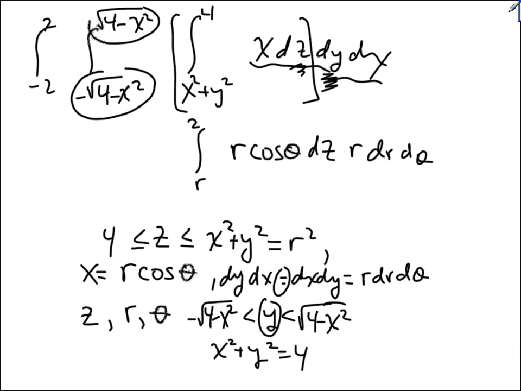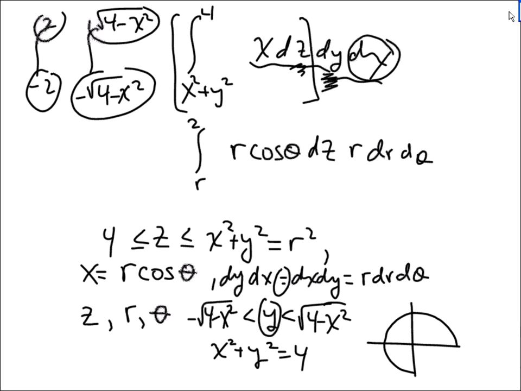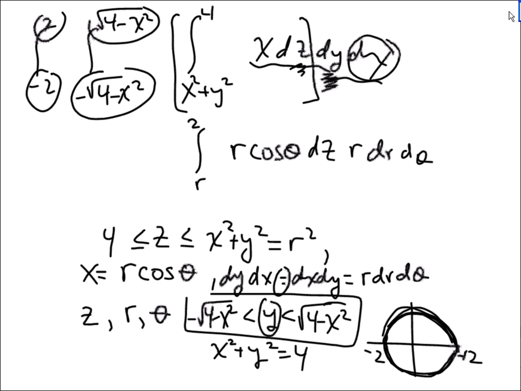And x goes between negative 2 and positive 2. We know that those two pieces give us a circle. And since x can go from negative 2 to positive 2, and y can be both negative and positive, it's the whole circle.